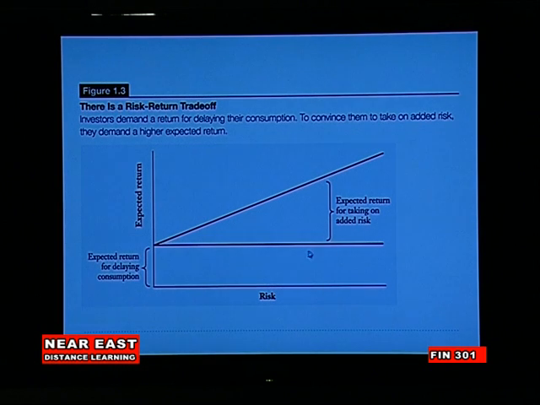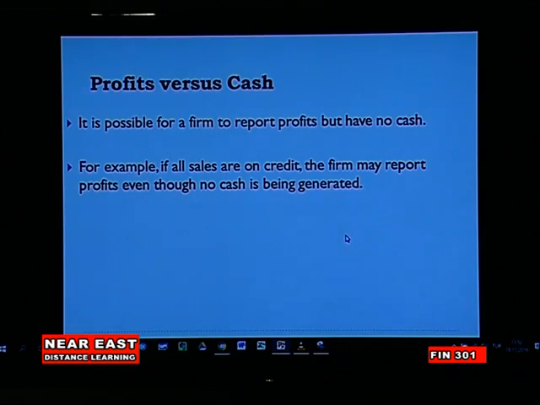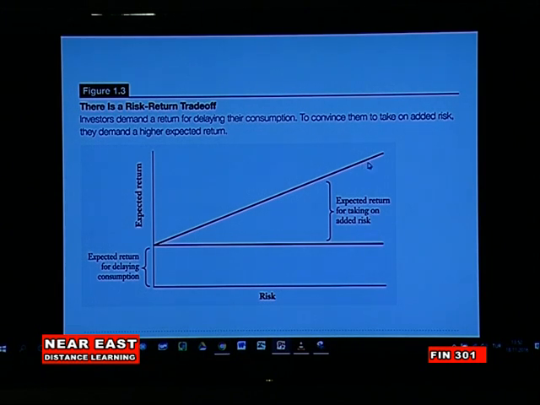If we have high risk, there is high expected return, while if there is low risk, there is low expected return. Extra risk, extra expected return.